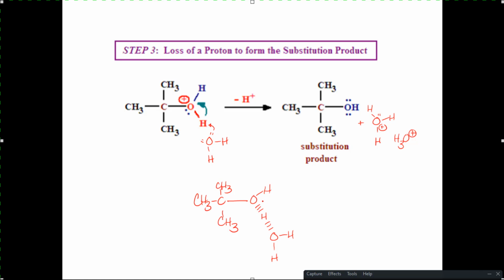In terms of charges, the oxygen of the final product goes from +1 to 0, so it gets a delta plus. And the oxygen of the water is going from 0 to +1, so it gets a delta plus charge as well. So this would be the full transition state for that reaction.